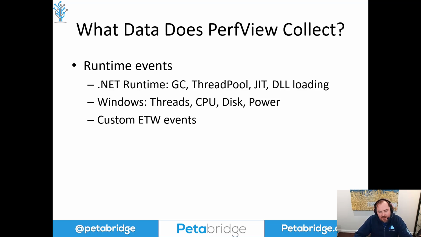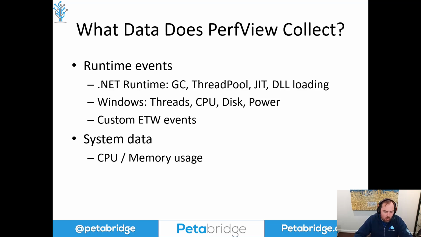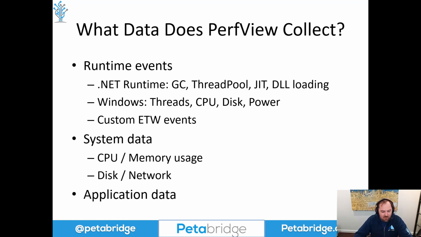The system.diagnostics.trace library will give you some tooling to help do that. It also will collect some system data, such as the total amount of CPU and memory usage. It can do this on a per core basis as well, which is quite useful. And you also will get some application data. So for instance, when you're running PerfView, it has the ability to get call site information from your .NET applications, which will help show you the most frequently called methods at this point in your application.